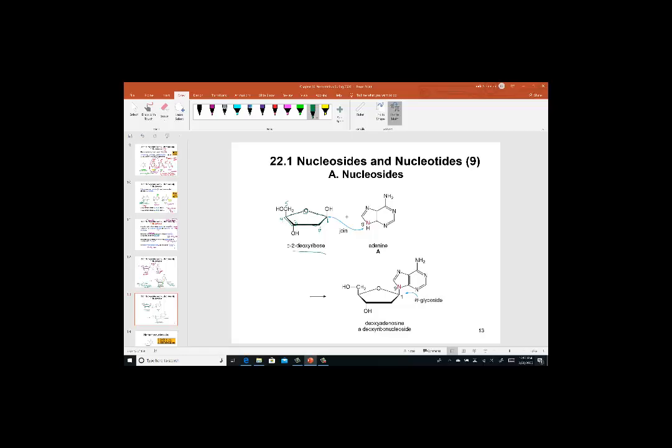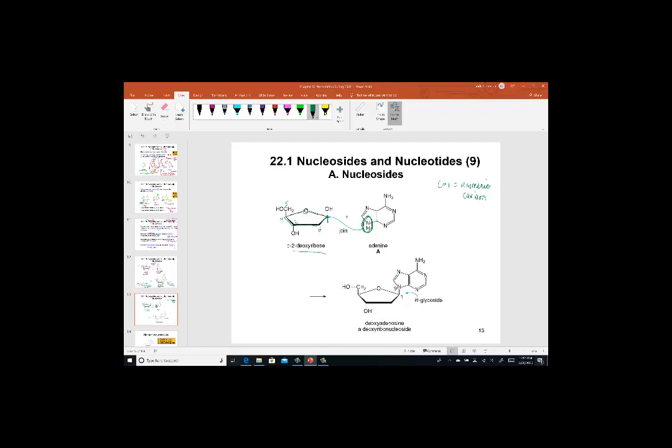Carbon number 1 is called the anomeric carbon. The anomeric carbon is the site of attachment between the base and the sugar. Now, the base attaches to this nitrogen group right here, and that's going to attach directly to the anomeric carbon, which is 1 clockwise from the oxygen in the ring of your sugar.